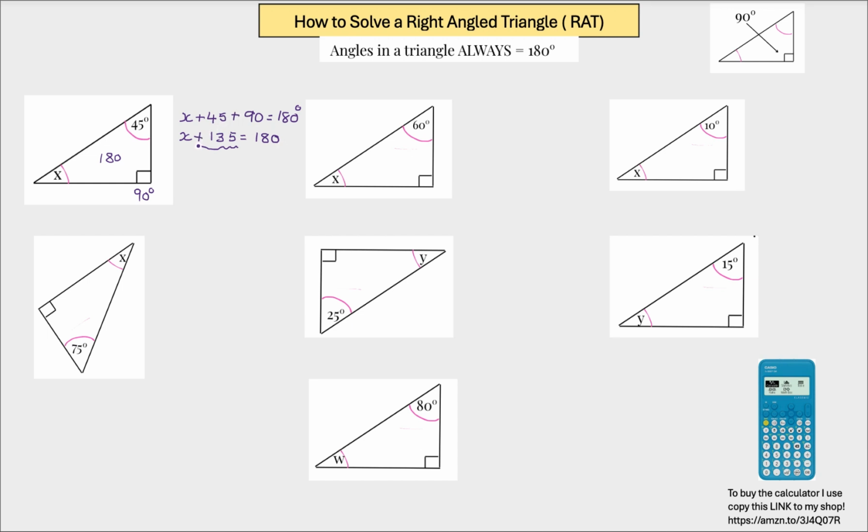So if it's a plus this side, when it goes over the equal sign, it subtracts. So we're now going to do x, because that's what we've got left. That's a plus. So it's 180. That hasn't changed. That hasn't moved. We've only dealt with this number here, and it's a plus, so it's going to turn into minus 135.